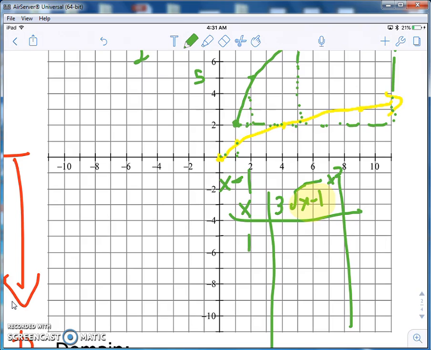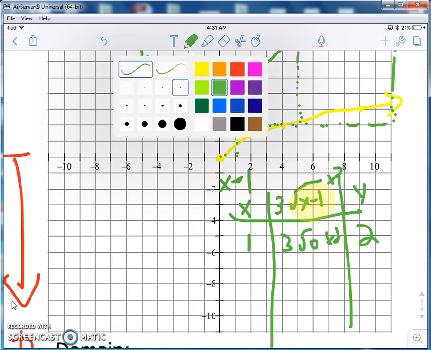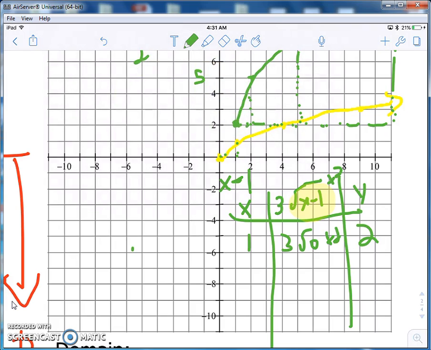When I put 1 into x minus 1, I get the square root of 0 plus 2. So my y value is 2. Normally I would want a 4 inside, but if I put 4 into x minus 1, 4 minus 1 would be 3, so I need 5 minus 1.